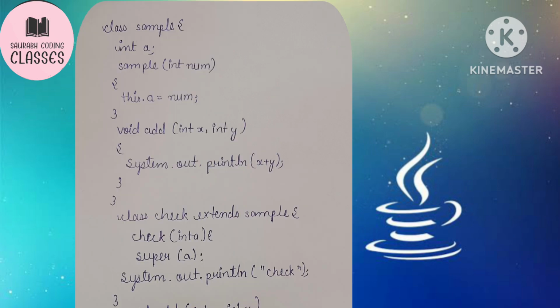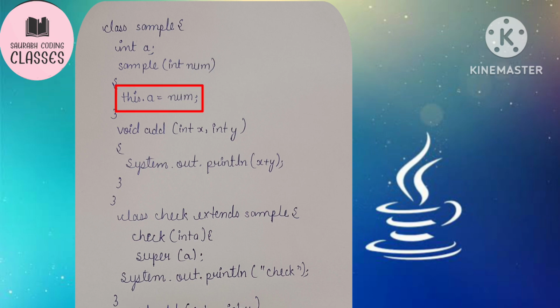We have a class Sample. In this Sample class we have defined a constructor with the name Sample. I think you know about constructors, we covered the constructor section in our previous videos. In this constructor we are just initializing the member variables.